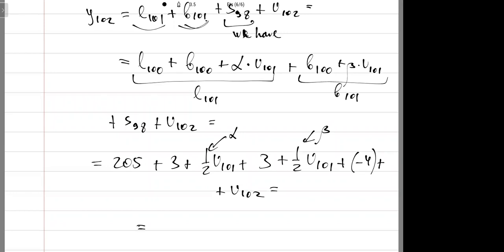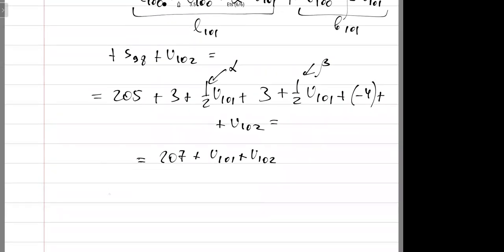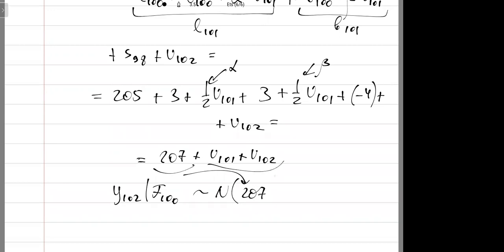So in my time series model, I will have 3 plus 3 minus 4, it's 2, so it will be 207 plus U101 plus U102. And so my Y102, given my information, will have a normal distribution with mean 207. And these two terms will influence the variance.